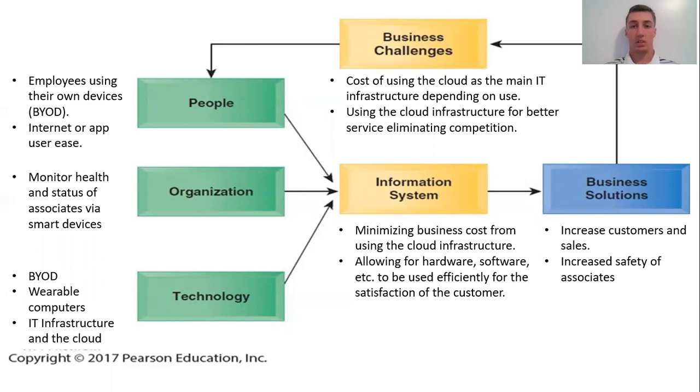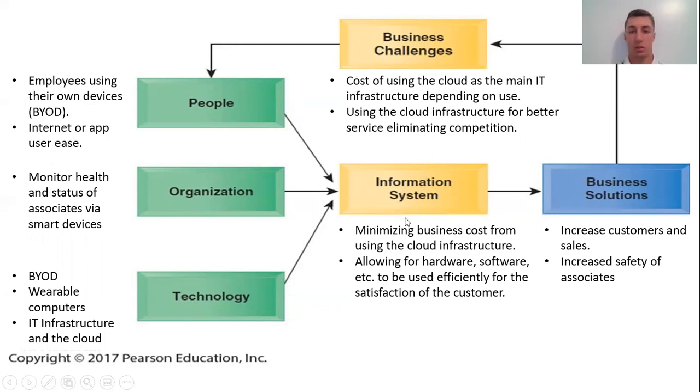Business challenges with using the cloud rather than using a warehouse to store your IT infrastructure in an actual building type place. Using the cloud is a lot more unlimited, has a lot further capabilities, and ultimately will help the business grow.